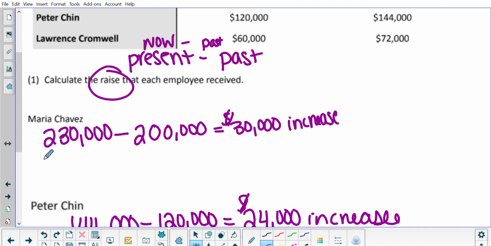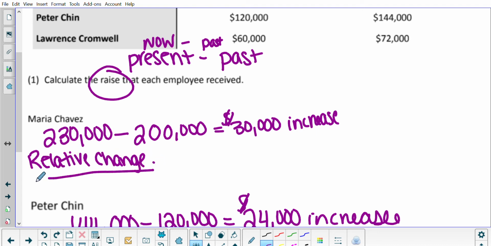So her relative change, let me write it out so you guys write it out. All right, relative change, okay, and we know that this was our absolute change. I guess I'll do it in a different color. All right, we take this absolute, which was 30,000.